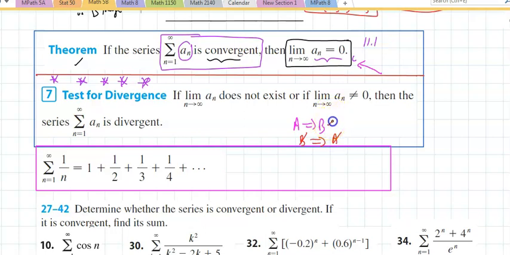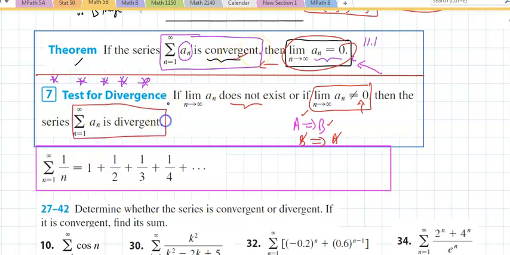If there are no clouds, it cannot rain. If this limit does not equal 0, so it doesn't exist, if it doesn't equal 0, if it equals 0, you're out of luck. If it doesn't equal 0, you assume that this is not true. And there's only convergence and divergence, which means that it will diverge.